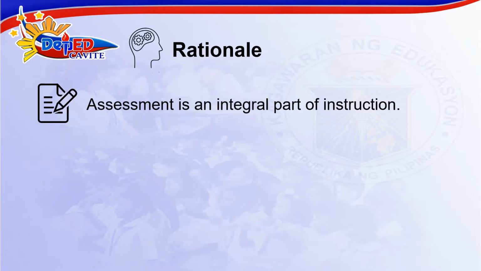Assessment is an integral part of instruction as it determines whether or not the goals of education are being met. Assessment affects decisions about grades, placement, advancement, instructional needs, curriculum, and in some cases, funding.